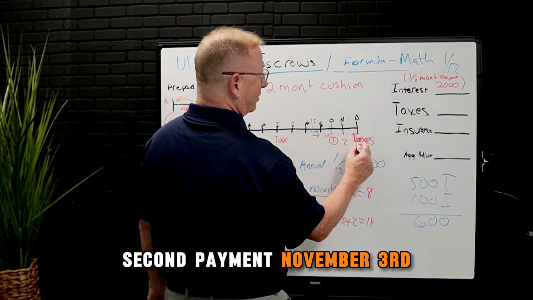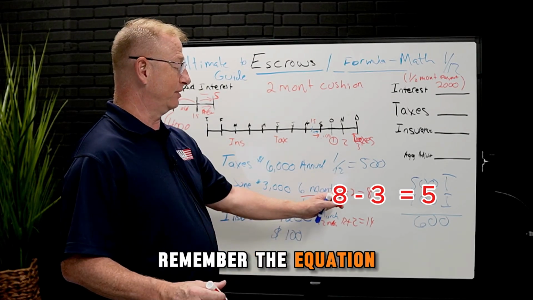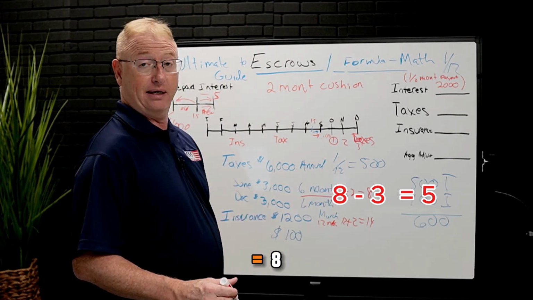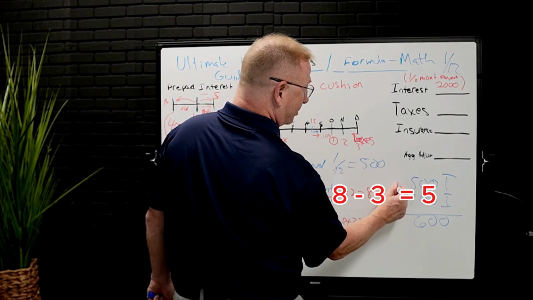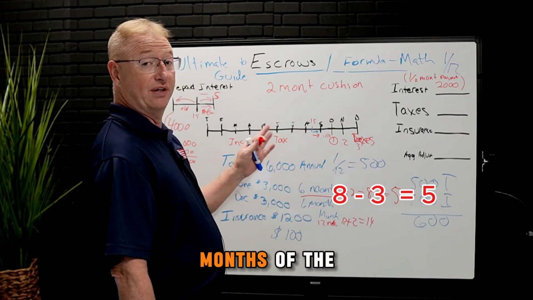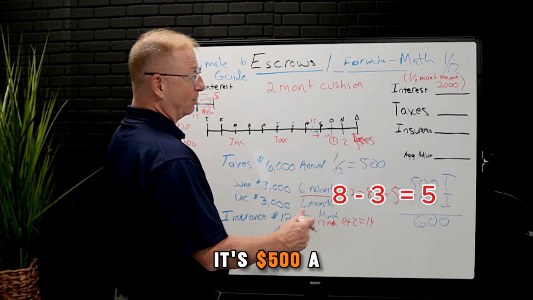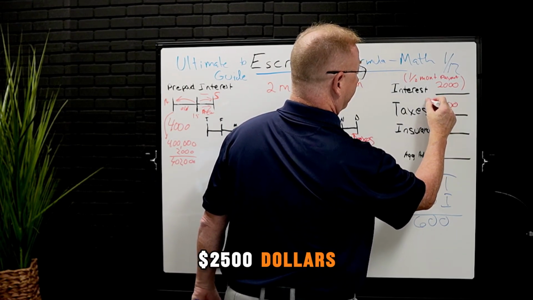Second payment, November. Third payment is December. Remember the equation, 6 plus 2 equals 8. You're going to make 3 payments. So you would start up the escrow account with 5 months of the tax bill. If it's $500 a month, that would be $2,500.